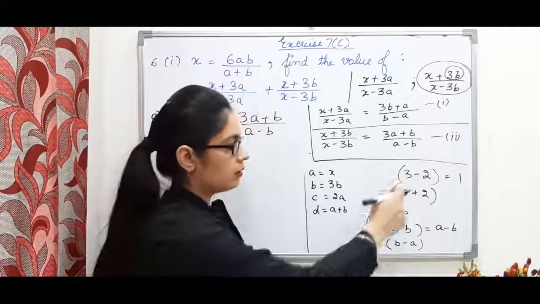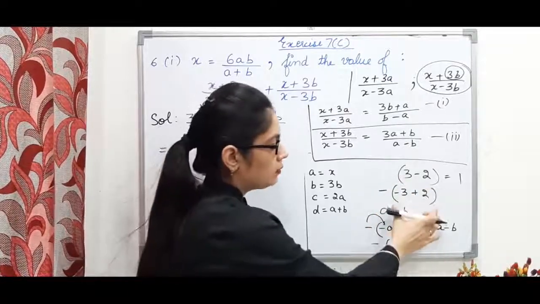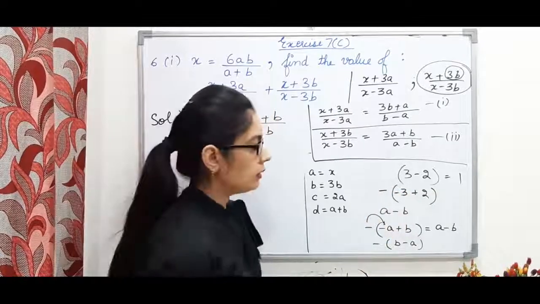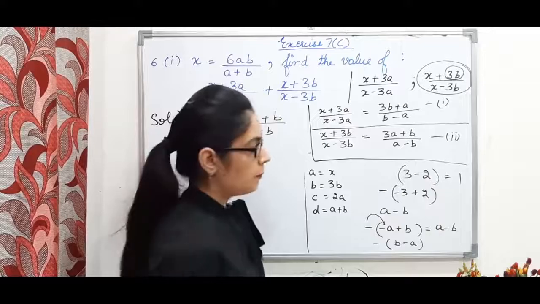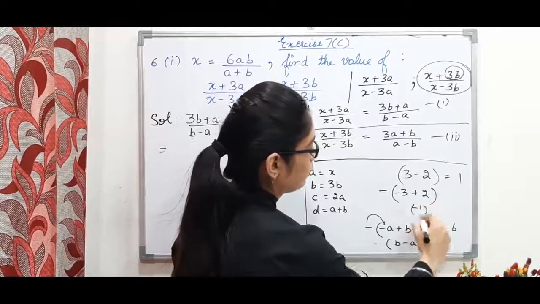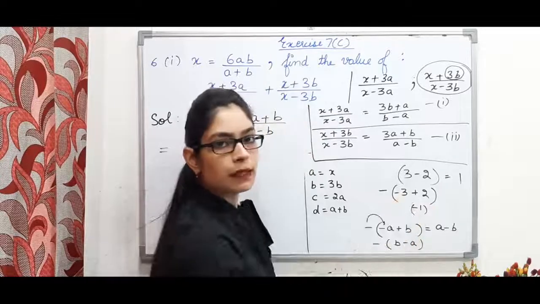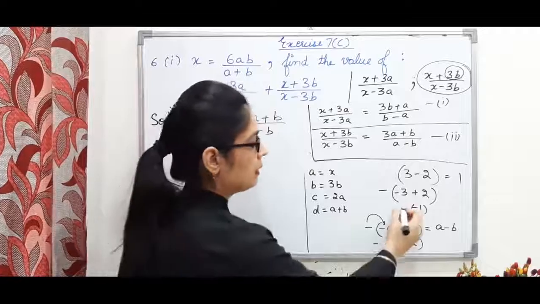Whatever sign is with 3, this sign will get changed, because I am writing this bracket and minus sign outside. So minus 3 plus 2, minus plus minus, so it will be minus 1. See, 3 minus 2, 1 with the sign of the greater number, so it will be minus 1.